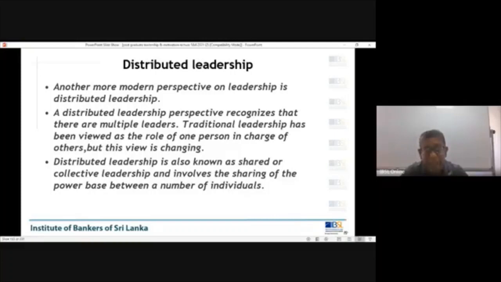Rather than that, some leaders are good at certain areas. So today we talk about distributed leadership or shared leadership in an organization. There are 3, 4 people who may have different qualities that can be distributed among the leaders to run the business. So that is what you call distributed or shared leadership.